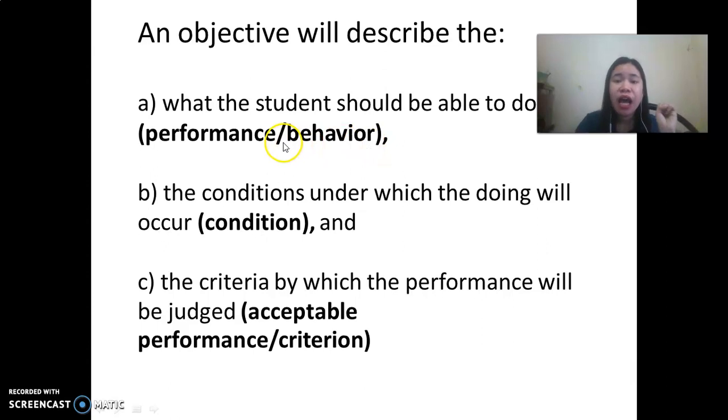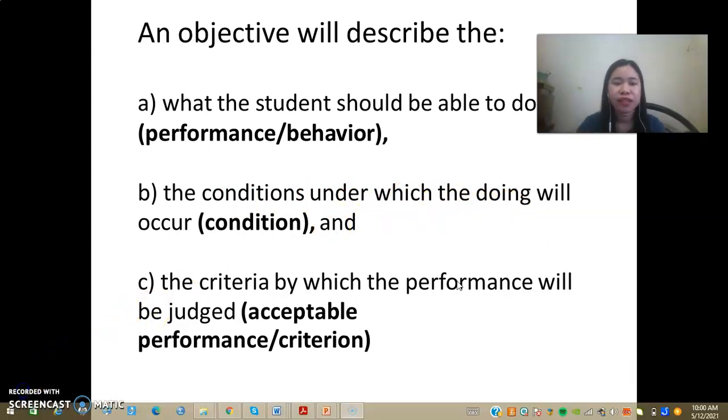Next, an objective will describe the conditions under which the doing will occur, or the condition. And the third is that an objective will describe the criteria by which the performance will be judged, also known as the acceptable performance or criterion. Again, let's take note of these words.